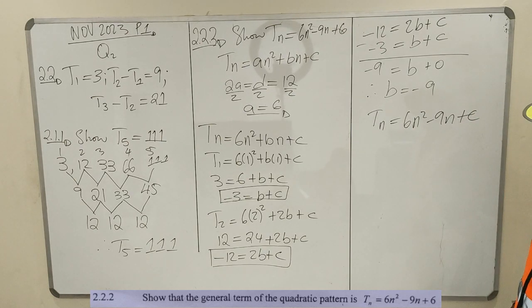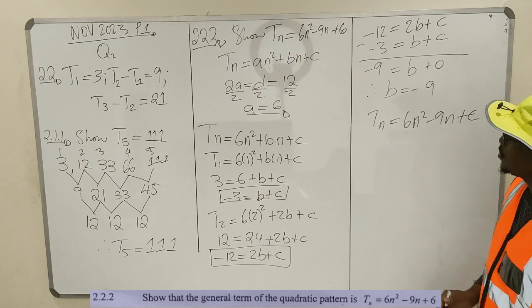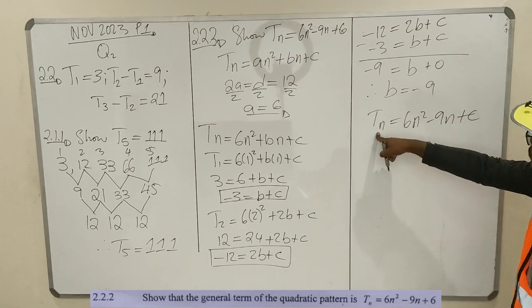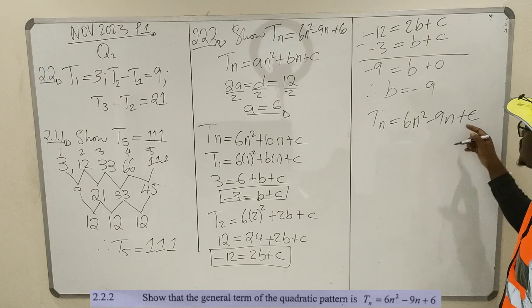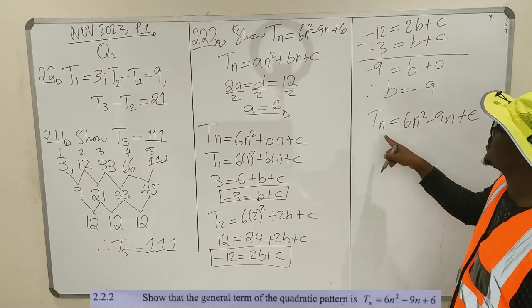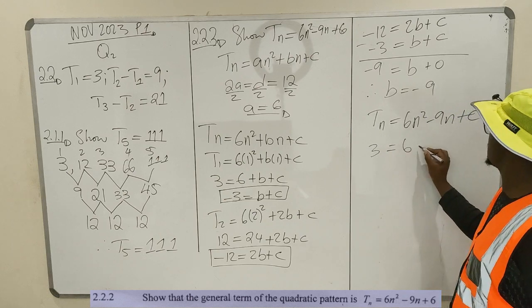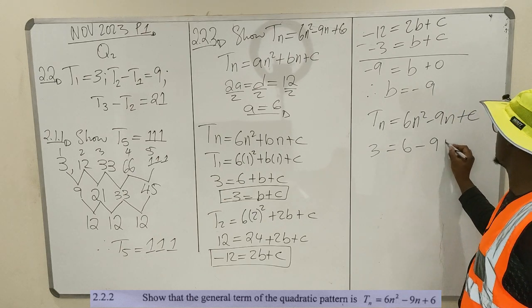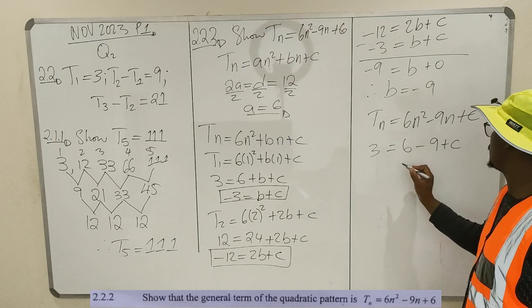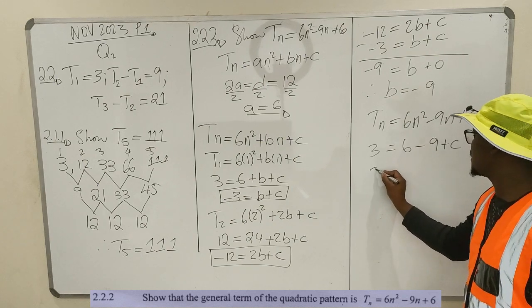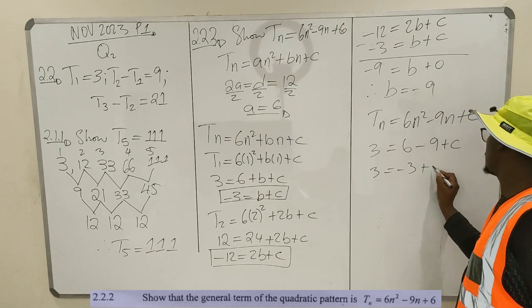So you are missing a c, right? So you can either plug your first term here and find the value of c, which is what I'm going to do. Where's the first term? First term was 3, so you have 3 is equal to 6 minus 9 plus c. So this is 3 is equal to minus 3 plus c.